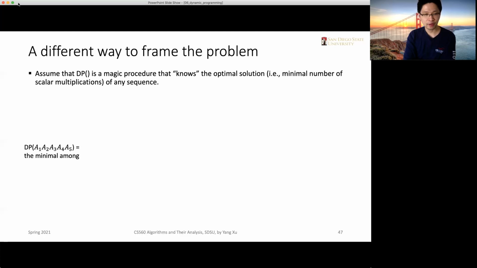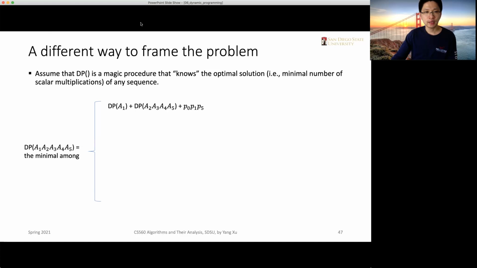With this magic procedure in our minds, we can apply this function to our original problem, which is A1 to A5, right? So this solution is actually the minimum among such options.